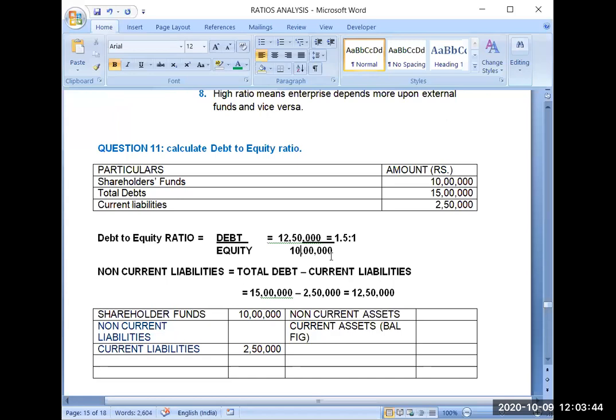If I divide it, you can see 4 zeros are common, so I will be able to delete 4 zeros, then it will remain 125 upon 100. I should always write the remainder first in the solution. It will help the examiner to check your calculations and it will also simplify your calculation. You will not get confused. So 1.25 ratio 1 will be your answer.